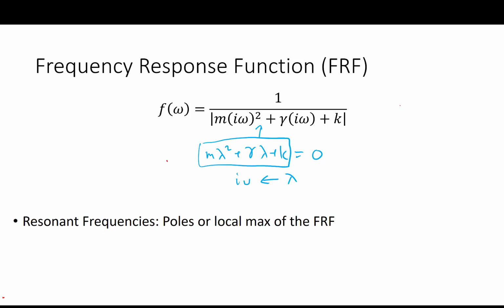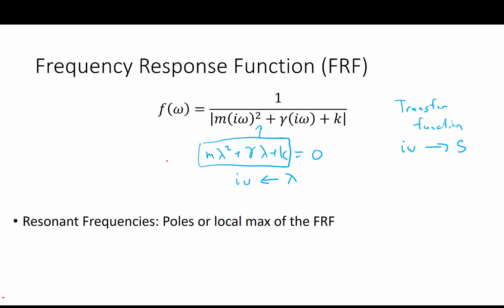It's also closely related to a quantity called the transfer function, which is what you get if you replace i omega with some other variable s in this function above. And we'll talk about that a little bit when we get to the concept of Laplace transforms.